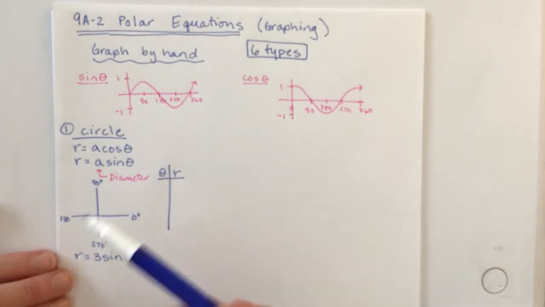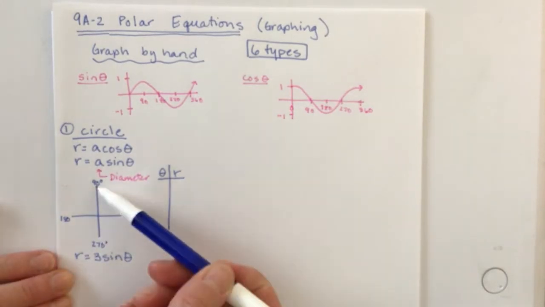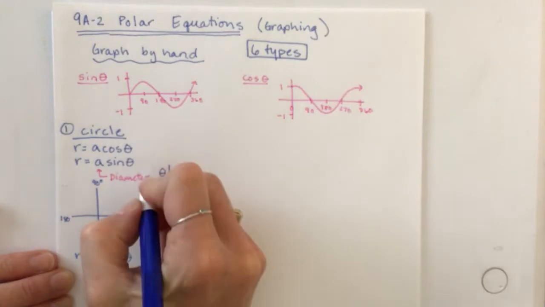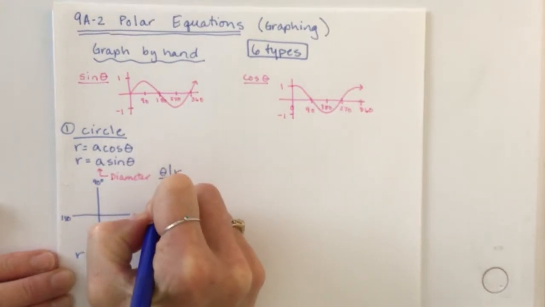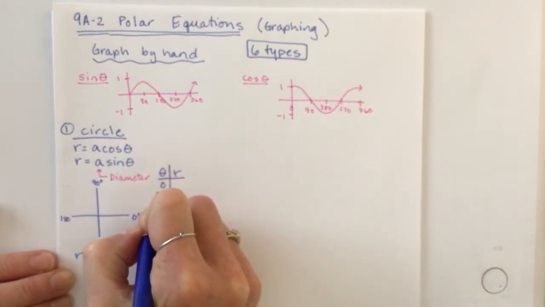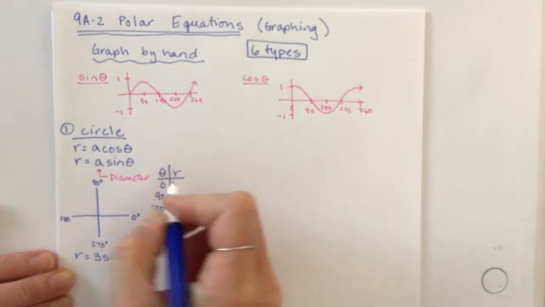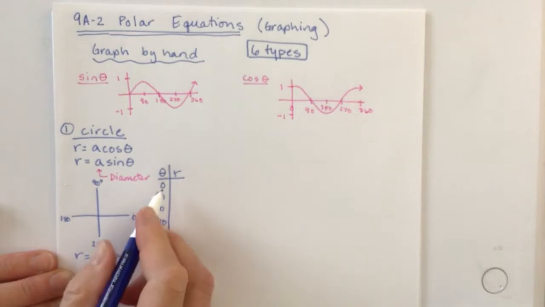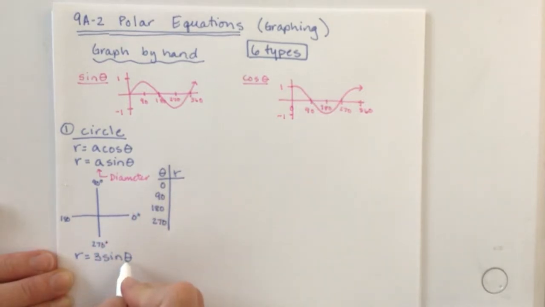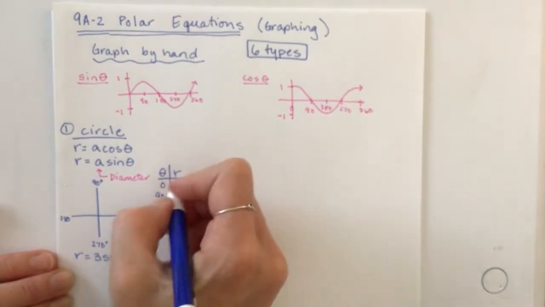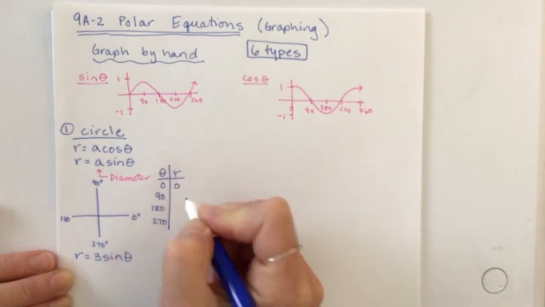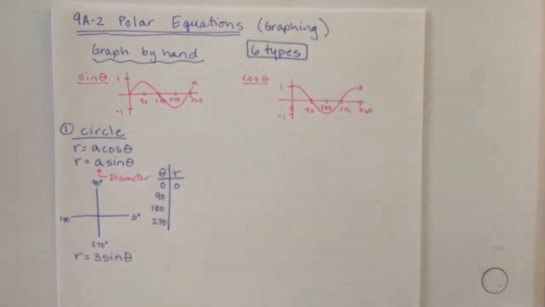Okay, so what I would do is start out with the easy thetas. So we're going to start with 0, 90, 180, and 270 and see what happens. Now if theta is 0, sine of 0 is absolutely 0. So we've got our first point, and I'm going to do it in pink so you guys can see.